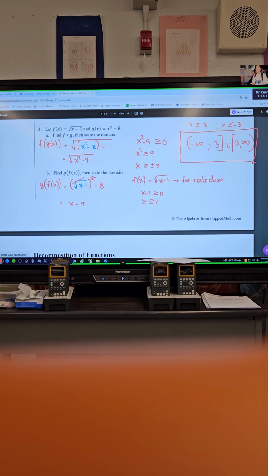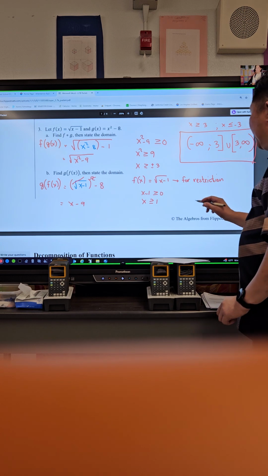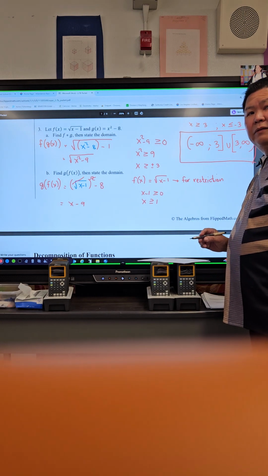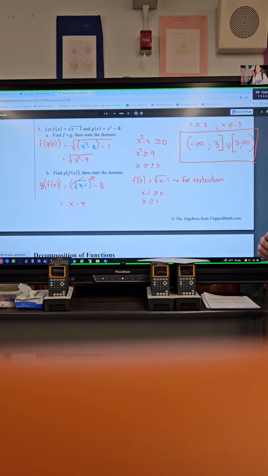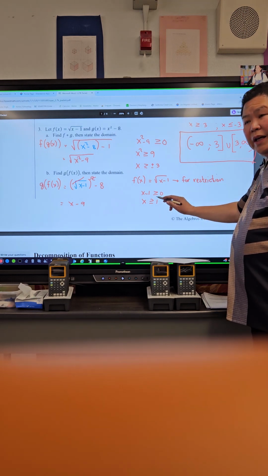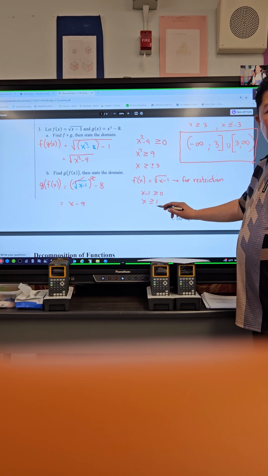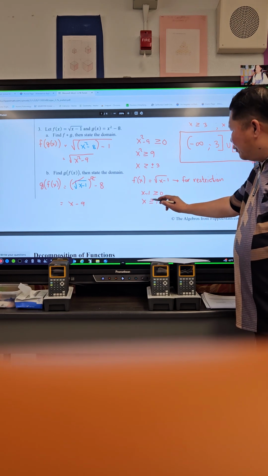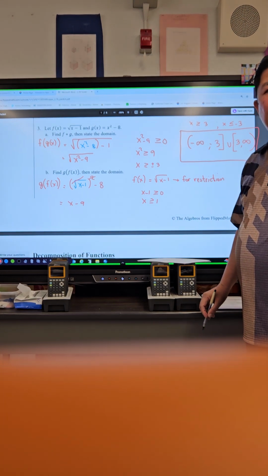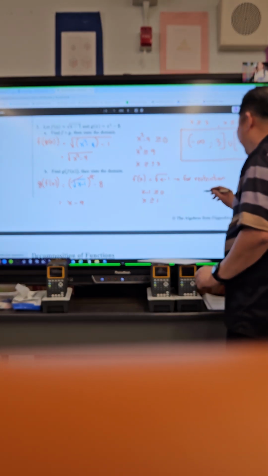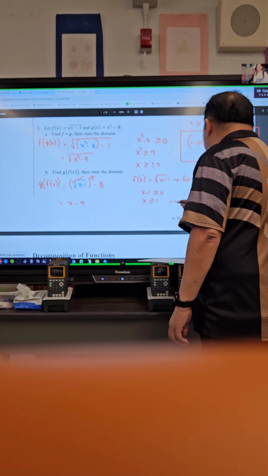Okay? So this means, how do we write this in interval notation? Greater than or equal, is this a closed interval or an open interval? Once you have greater than or equal, it's going to be a closed interval. So when we write that, it's going to be closed at 1.